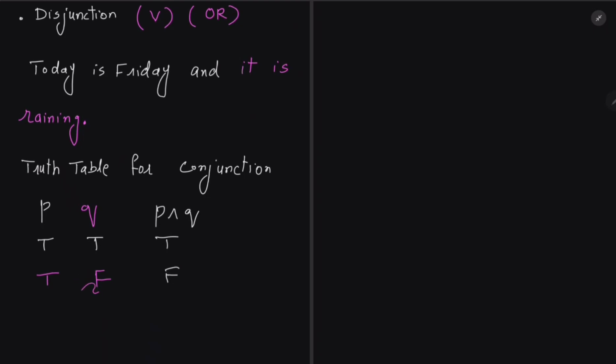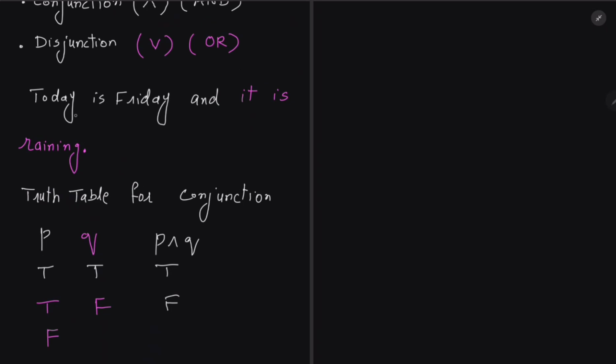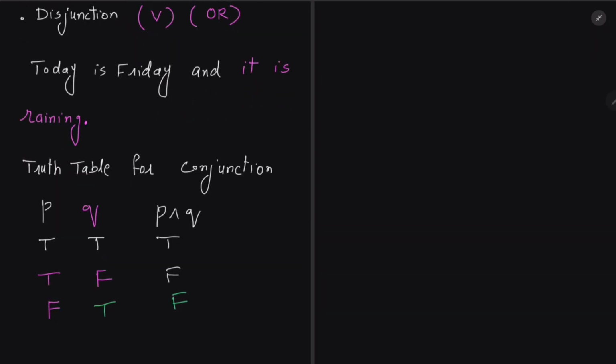The next one is, for example, the first statement is false: it is not Friday and still it is raining. The combination of these two statements will also be false. "And" is such that it should give us a true answer only when both are true.